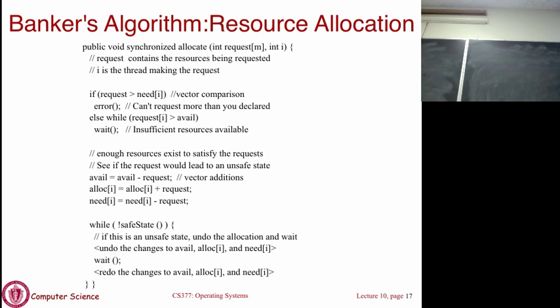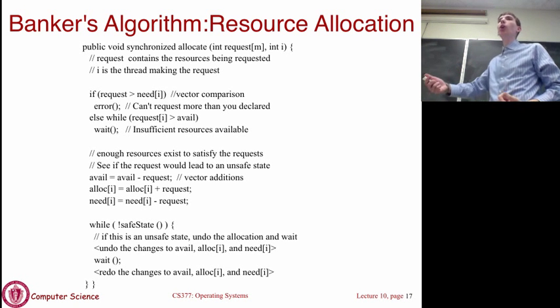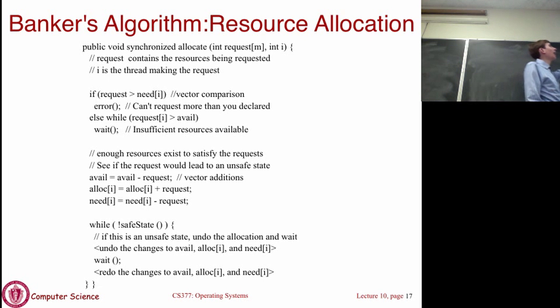So the first thing we need to say is, is this an allowed request? Are you requesting more than your maximum allocation? Because the need vector here is essentially how many resources you have not been allocated that you still could. So if you're exceeding that, then it means you're requesting more than you declared, so that's an error, that's not allowed.